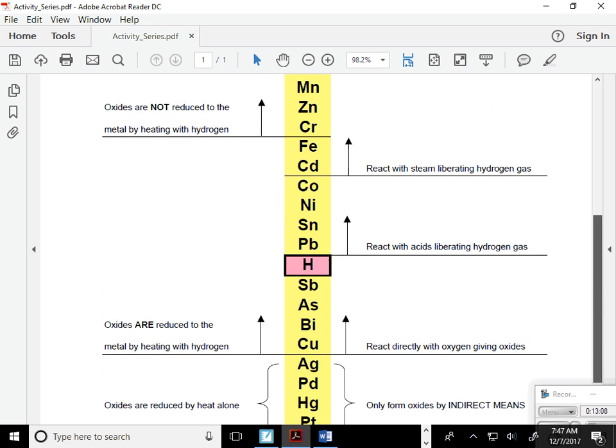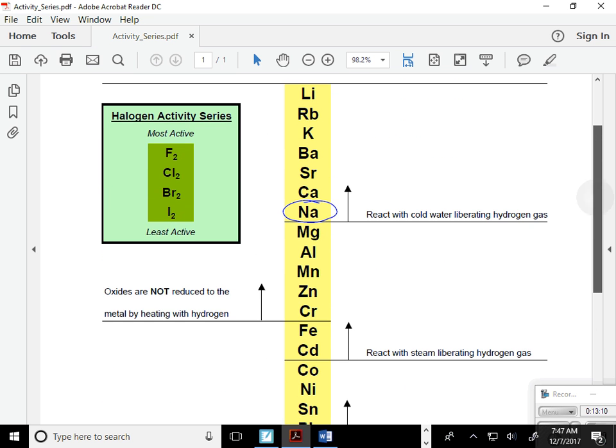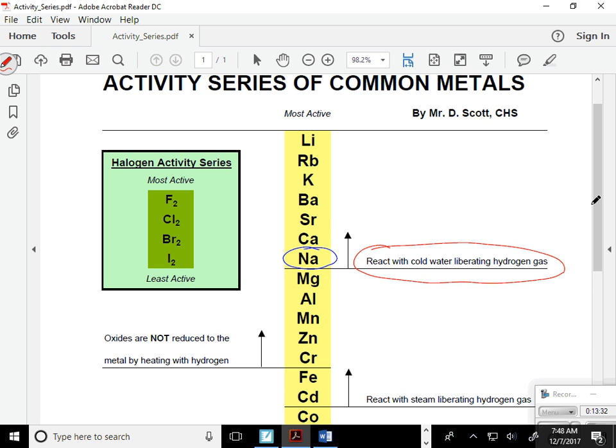Now, on this part, you can see that I have a couple of lines that are going to be important to me. Right here is one: reacts with cold water to liberate hydrogen gas. So anything above that line will react with cold water.